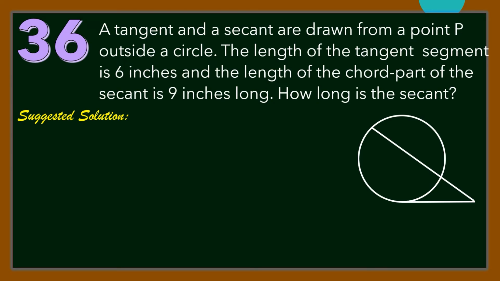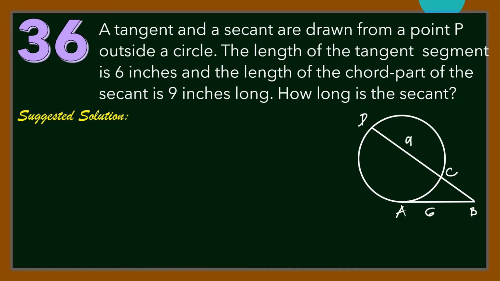Let AB be the tangent segment and BD be the secant, which passes through point C on the circle. Since the tangent segment is 6 inches, then AB is equal to 6, and the chord part of the secant is 9 inches long, then CD is equal to 9.